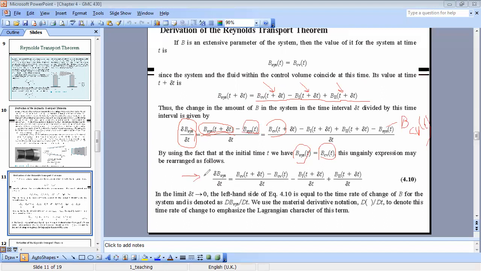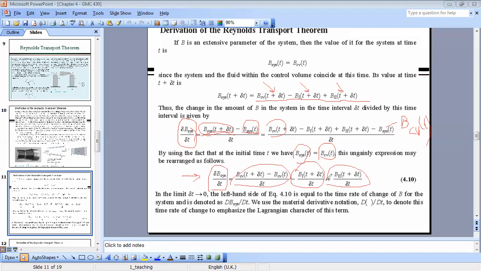And what does the transport theorem tell me? It tells me that the variation of the property in a system is equal to the variation of the property in the control volume, minus the inward flux and plus the outward flux. So why is the Reynolds transport theorem like a connection between the Lagrangian and Eulerian approach?